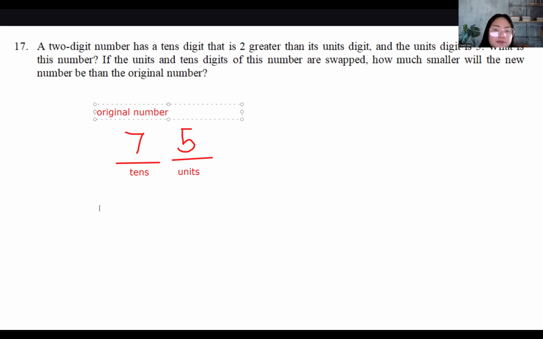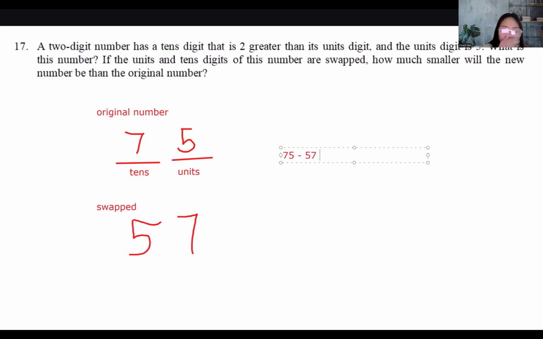Now, if you swap the tens and the units, so instead of 75, you will now have 57, correct? Because you swap the two digits together. So how much smaller? That just means you need to minus them. 75 minus 57. Sorry.